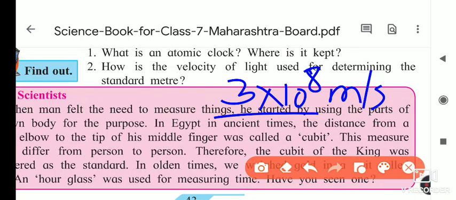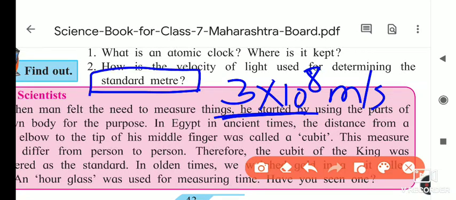So how to find out the standard meter? The standard meter is defined as follows: as you know, light travels in a vacuum and its speed is 3 into 10 raised to 8. So how much distance does light cover in 1 second? That is 1 unit or 1 part, and we are considering it as the standard meter.